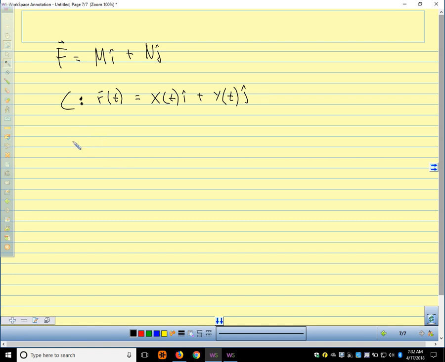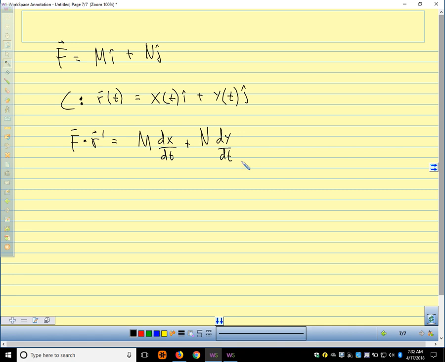In this case, f dot dr, or f dot r prime, is going to be dx/dt i hat plus dy/dt j hat. So f dot r prime is m dx/dt plus n dy/dt.